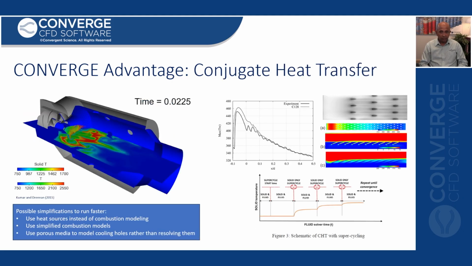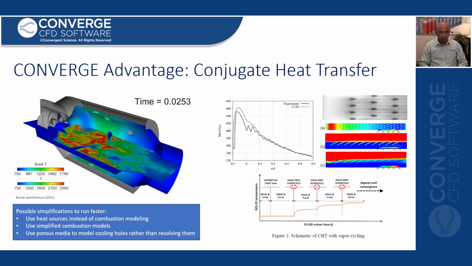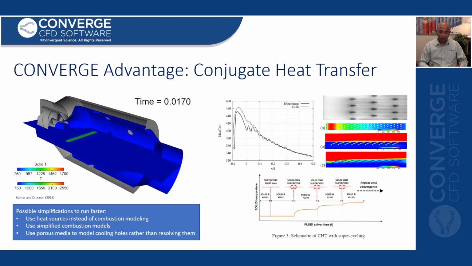Another advantage with Converge is conjugate heat transfer. If you are interested in looking at metal thermal analysis, or how the flame affects the metal temperatures, Converge should be the tool of choice, because in one simulation you can do gas as well as metal. There are possible simplifications that you can use to run simulations faster.